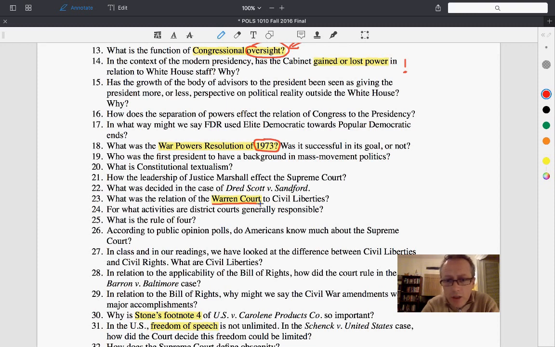We had some discussion in lecture as to whether that was a common part of the history of the Supreme Court, and indeed, of course, it isn't.